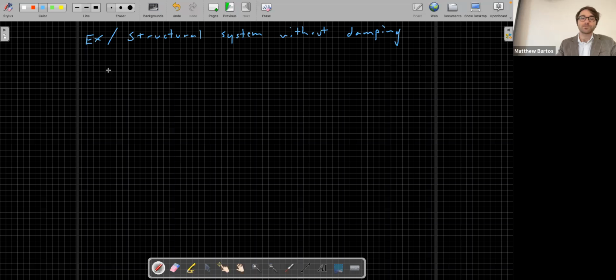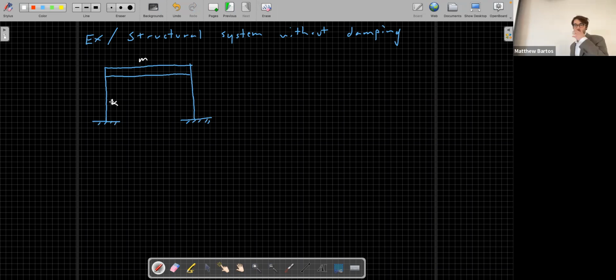Okay, so we have our structural system just as before. You have a beam or a story supported by two pillars or two beams. Okay, the structure has some mass M and some stiffness K. Does not have any damping. Okay. And we're just going to be looking at the homogeneous response of the system.